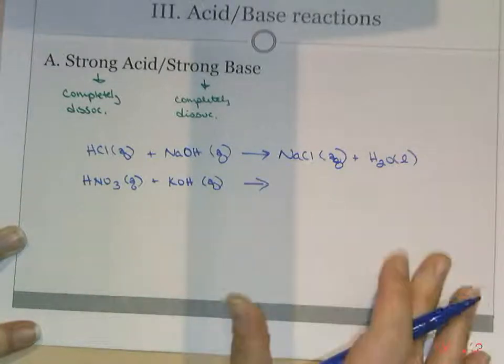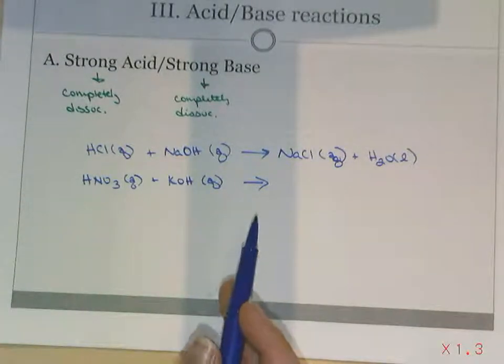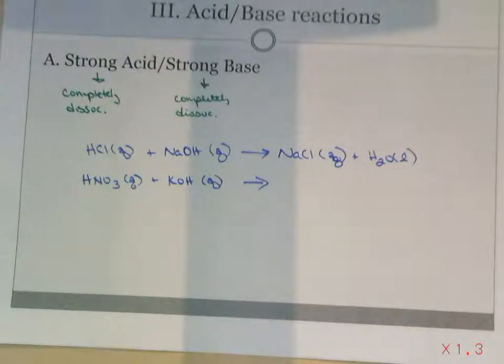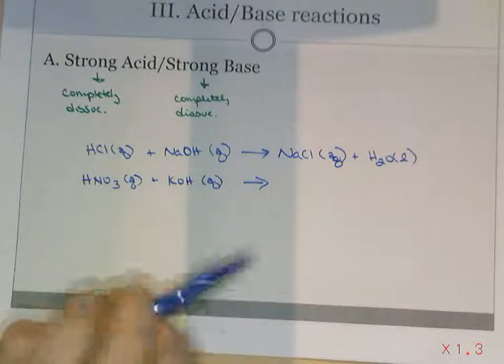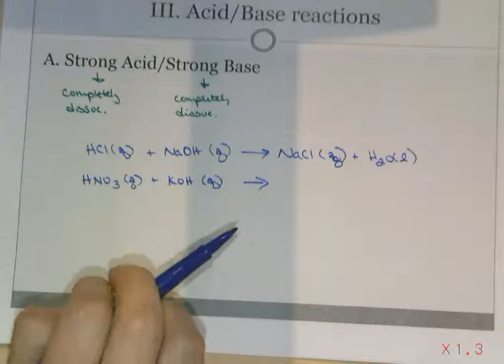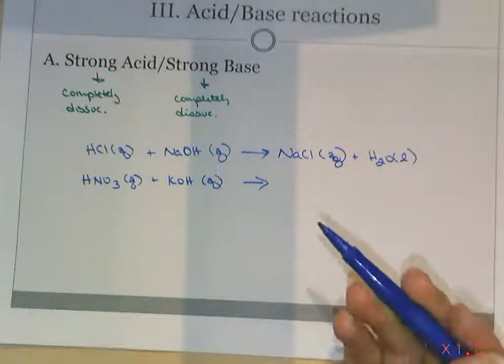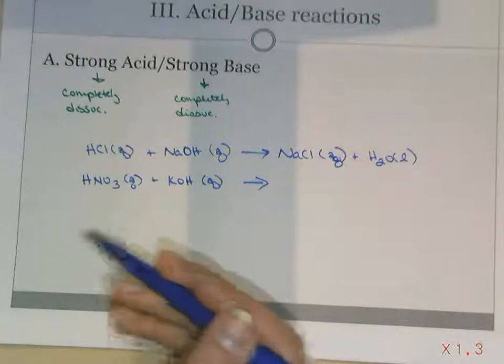Right, before it was the double arrows because there's a chance we could come back and make reactants again. Purposely going only one way because there's 0 chance that they're going to reform their strong acids or bases. So just arrows are only going one way.